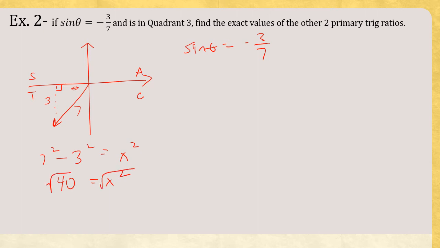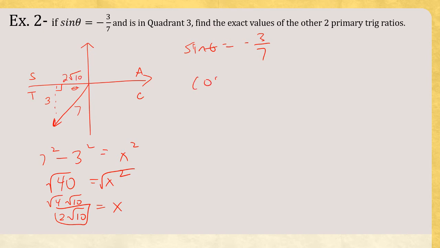And we learned that root 40 can be broken down into root 4 times root 10, 2 root 10, equals x. We don't want decimals. We want to keep things as exact values, especially if the question says exact values. If it says approximate values, that's when you would round. So this is 2 root 10 now.